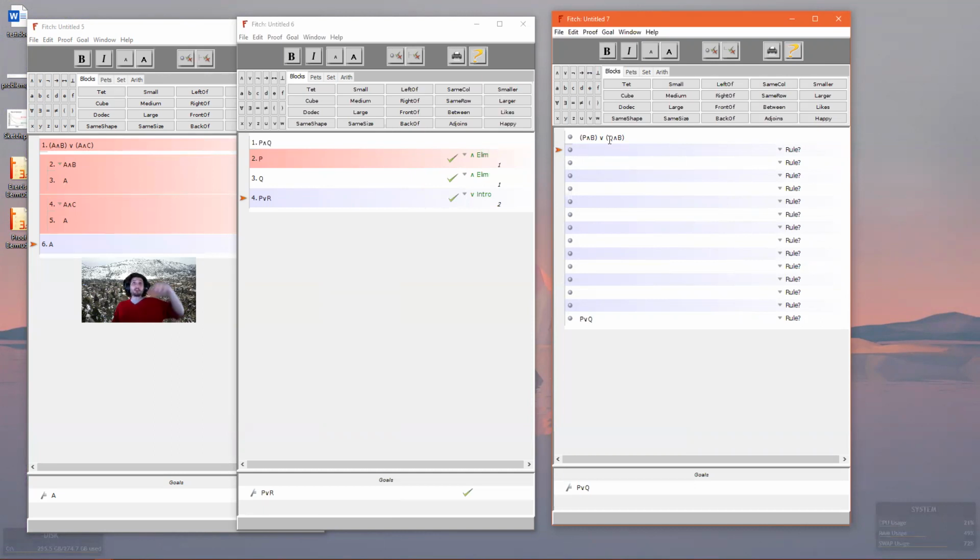You're generally going to be thinking of applying elimination rules to the premises and then trying to apply introduction rules to build the conclusion. It's not always so cut and dry, but generally speaking, that's one way to think about it. I'm breaking apart my premises and then I'm building up my introduction.